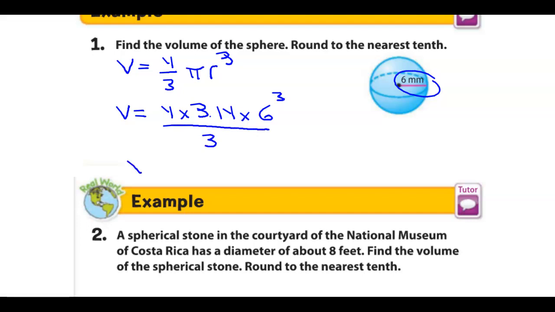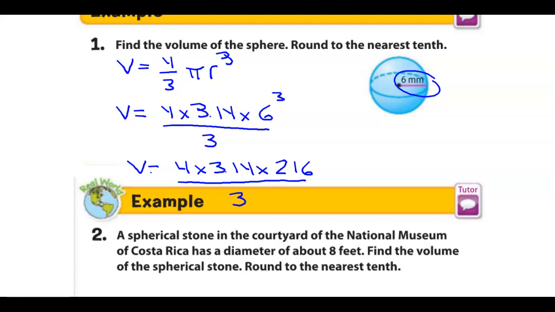So we will do 4 times 3.14 times 6 to the third power. And 6 to the third power is 216. Then we'll multiply straight across, and then divide by 3.